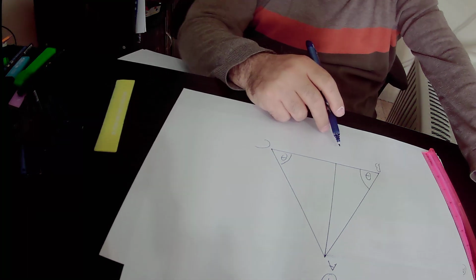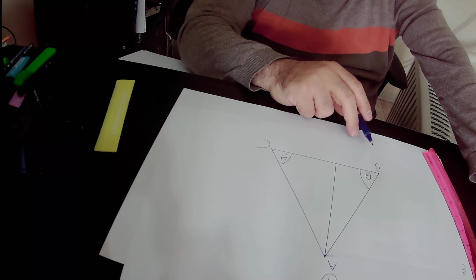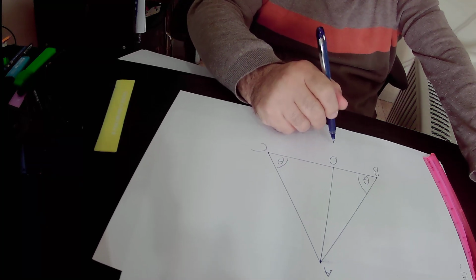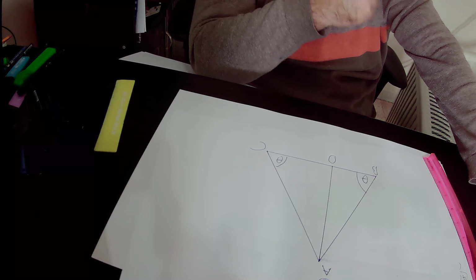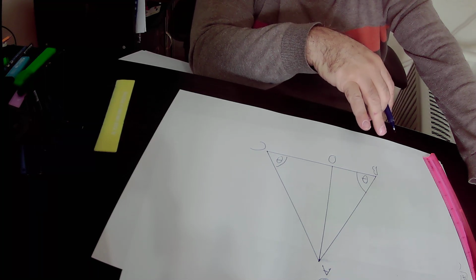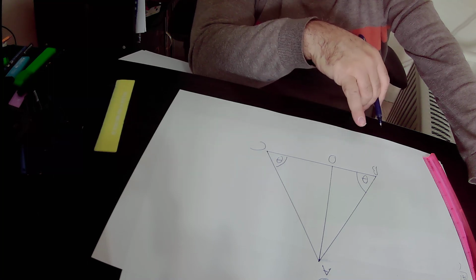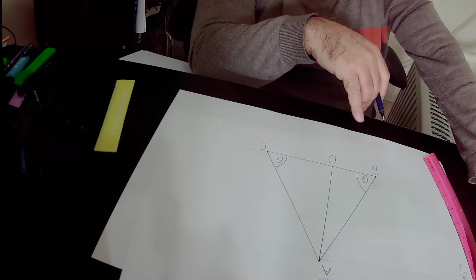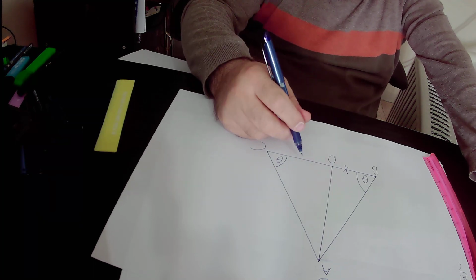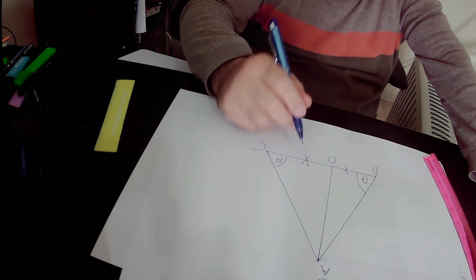If we define the touching point between the median and the base BC as point O, then according to the definition of a median, it bisects the base BC, or divides it into two equal parts. So if BO equals X, then OC will also equal X.